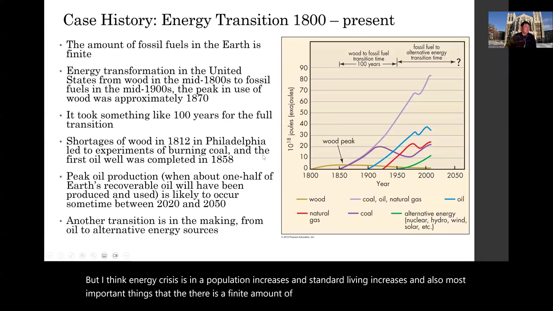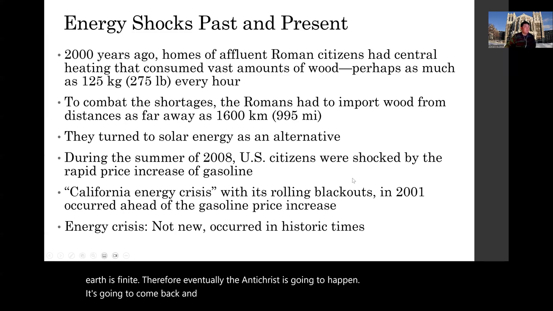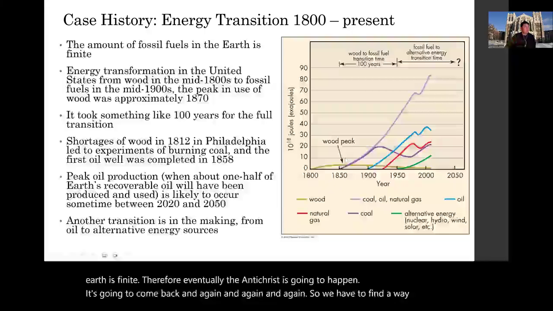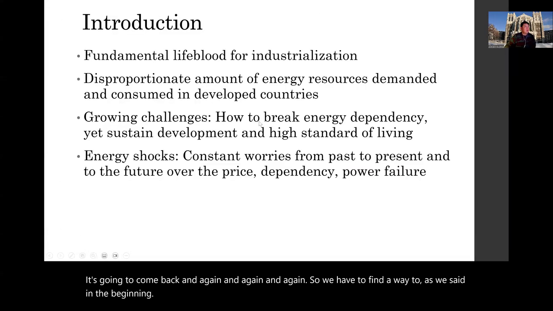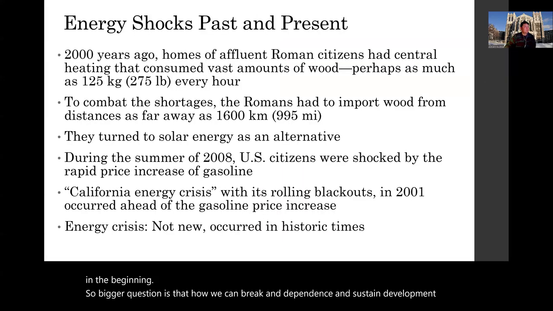The amount of fossil fuel on Earth is finite. Therefore, eventually, an energy crisis is going to happen. It's going to come back again and again. So we have to find a way, as we said in the beginning, and the bigger question is how we can break energy dependence and sustain development and a high standard of living.